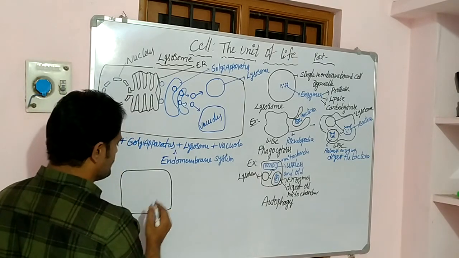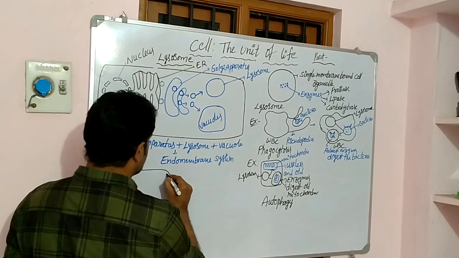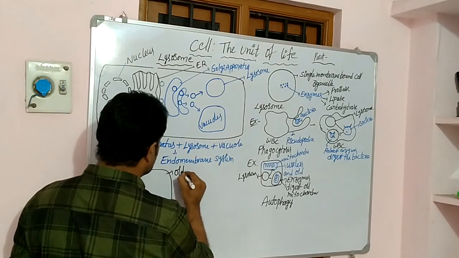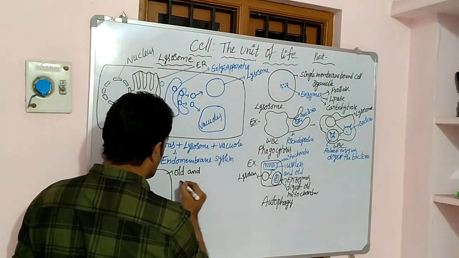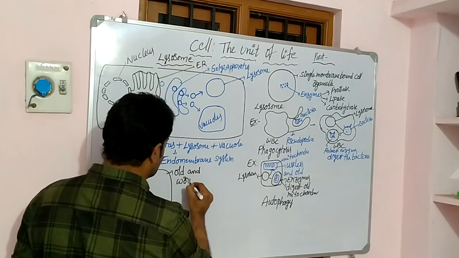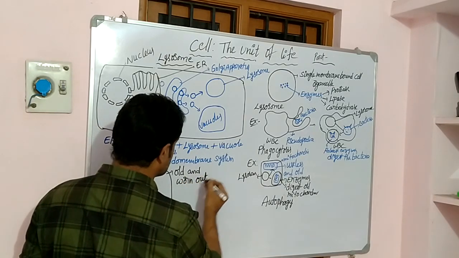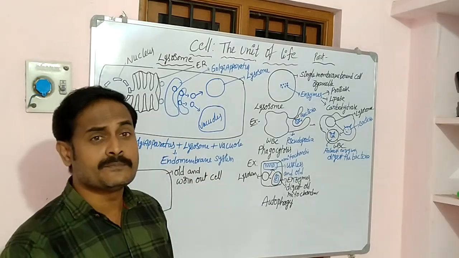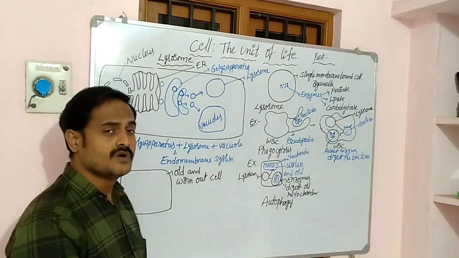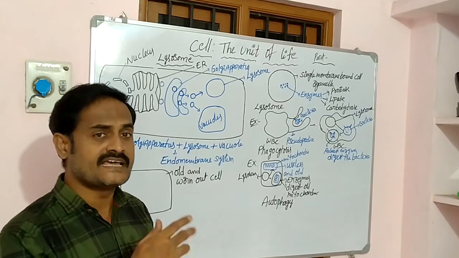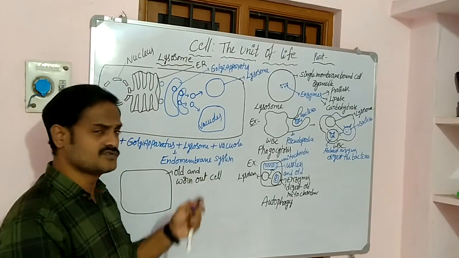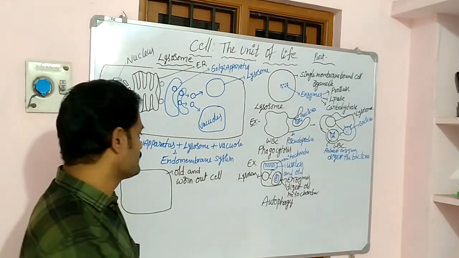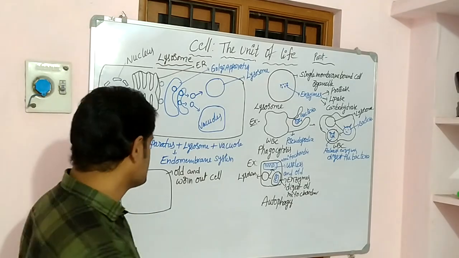It is an old and worn out cell, that means old cell. Then it has to be destroyed. Who destroys or digests this old and worn out cell? Lysosome. How does it destroy?